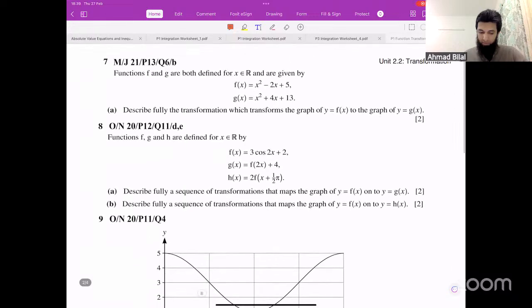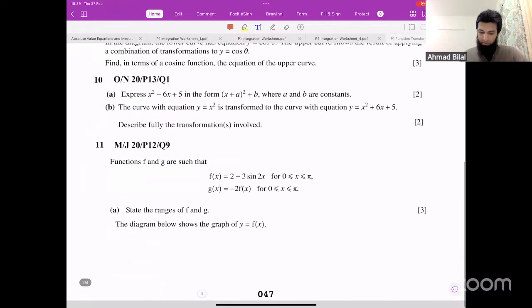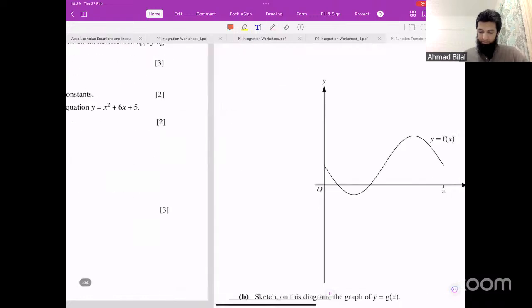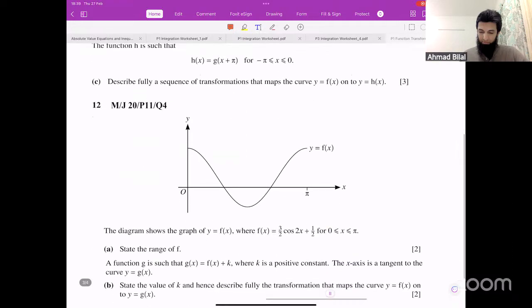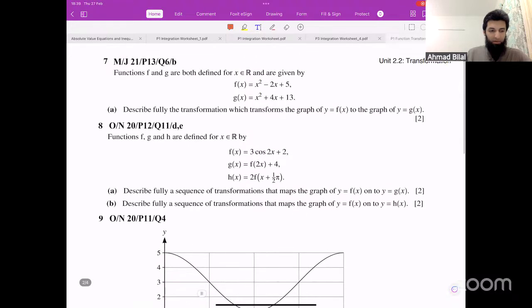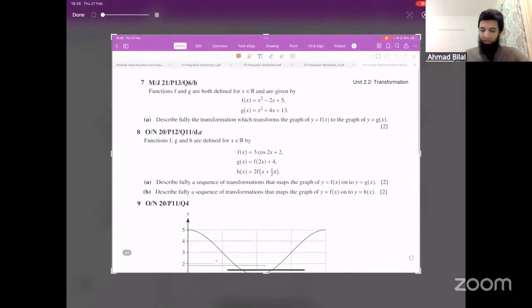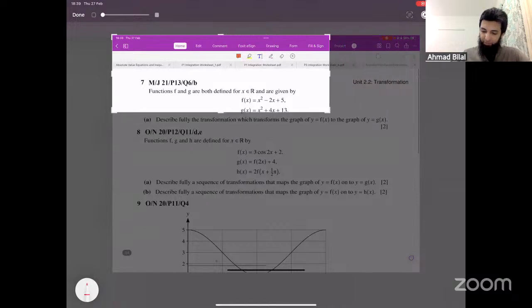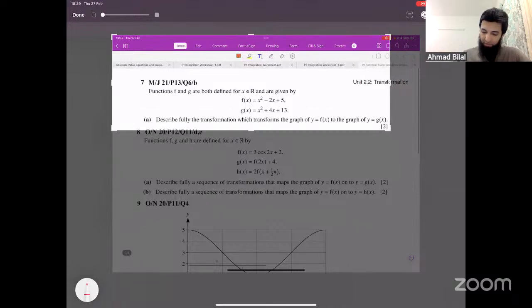Okay, so 7 looks like that form. Okay, let's do question number 7, and then we look at trigonometric functions next after that. Okay, question number 7 from this worksheet.